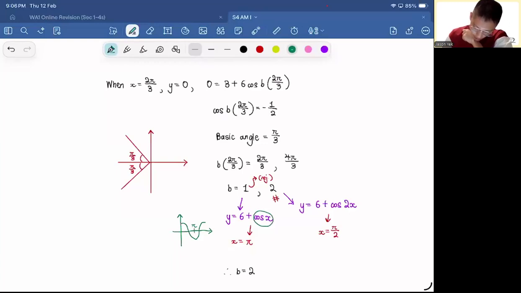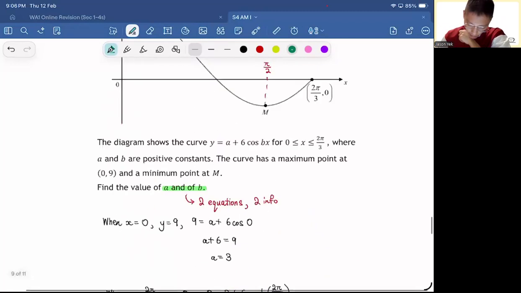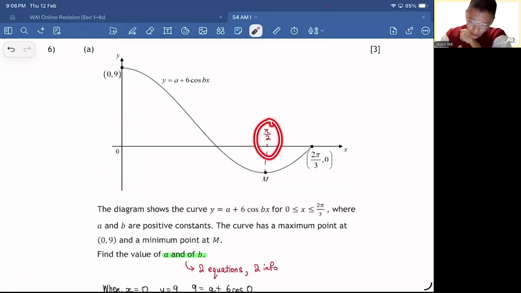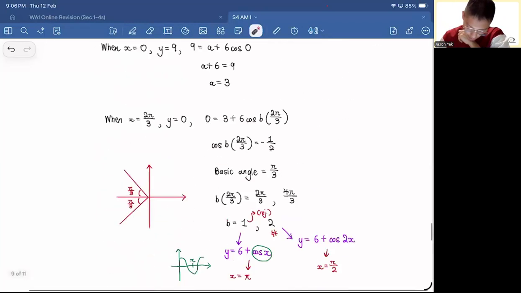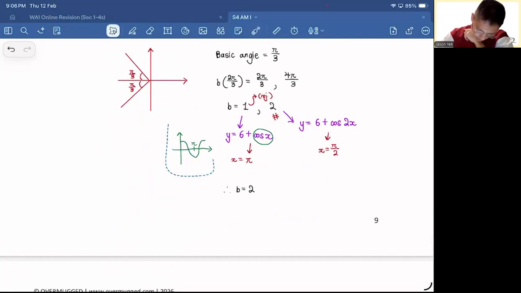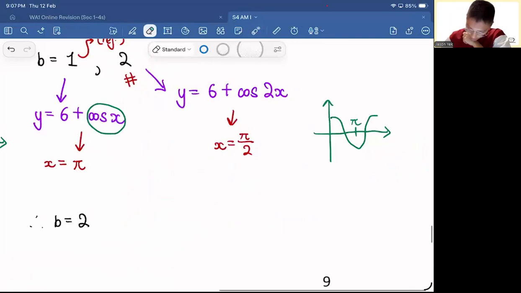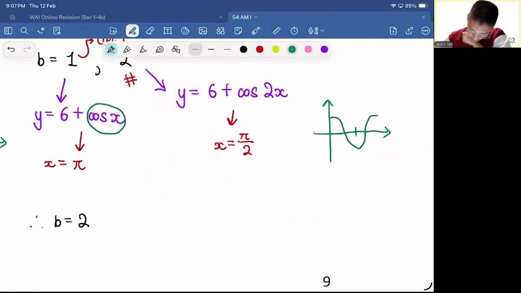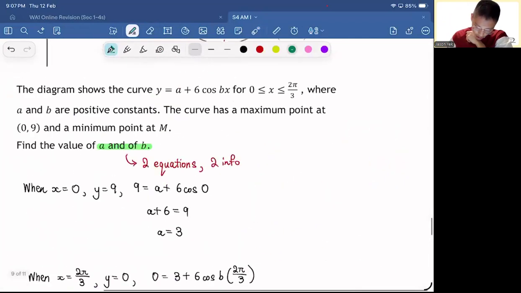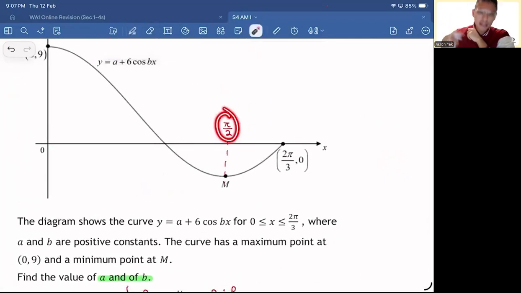At cosine x, your minimum value is at pi. There's some shifting, but we know it's at pi, which is not possible because pi cannot be there if my next value is 2 pi by 3. The value here should be smaller, ma. Pi is bigger. As compared to pi by 2, where it makes sense.